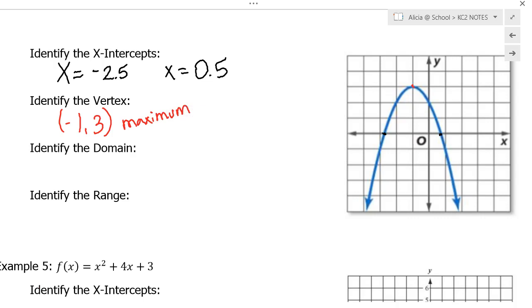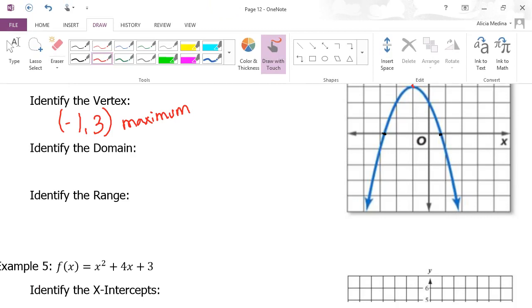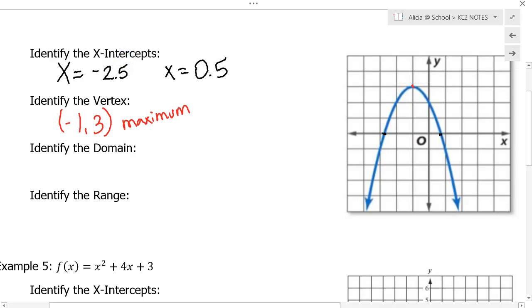Identify the domain. Well, my function keeps going from my vertex. It's going to keep going in this direction to negative infinity because my function keeps going. It doesn't stop. These arrows right here tell me it's going to keep going down.